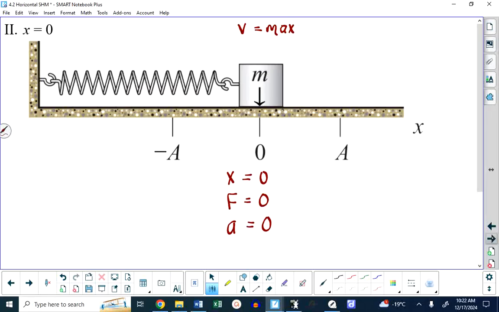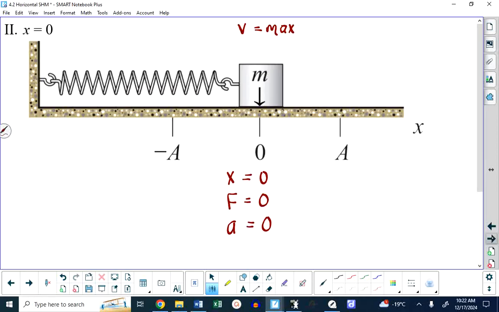But at that point, there's no potential energy. It's all kinetic. Same thing here. The counterintuitive part is in the middle, there's no acceleration and yet it's moving as fast as possible. You can't equate acceleration with speed.